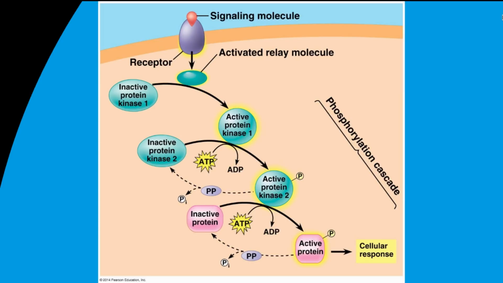So if we imagine that each of these steps can activate 10 or 100 downstream targets, then each step is going to make the signal 10 or 100 times stronger. So what is a very weak signal, a very low concentration of this signaling molecule outside of the cell, can actually lead to a very robust cellular response because of all of these amplification steps.